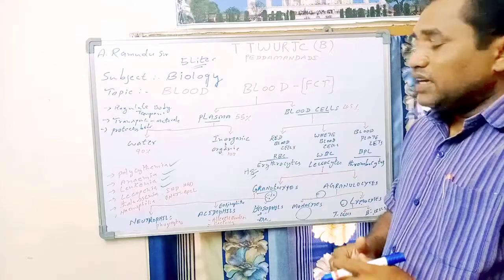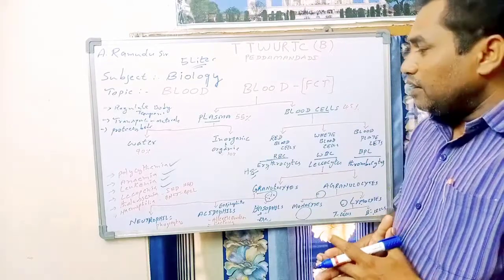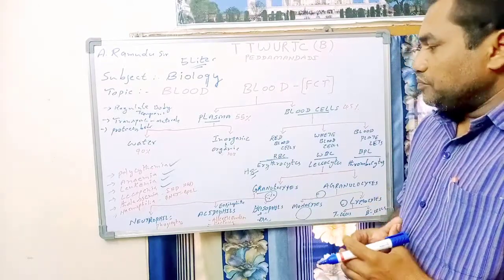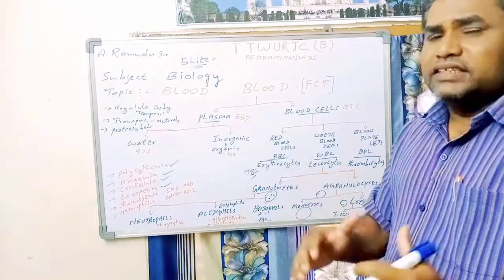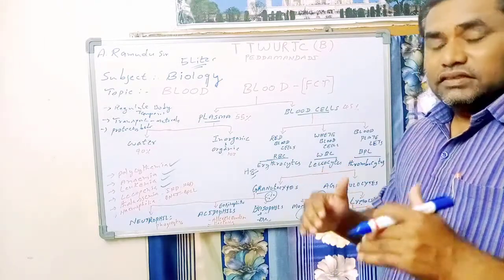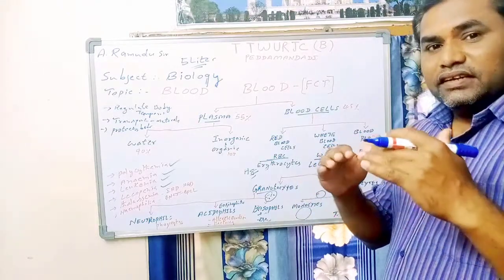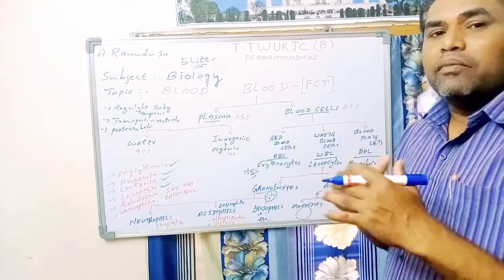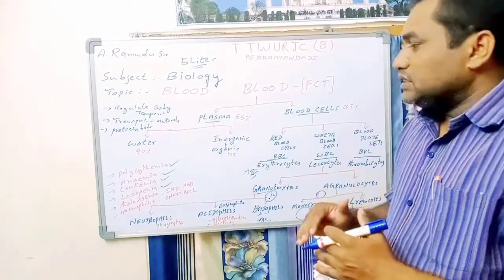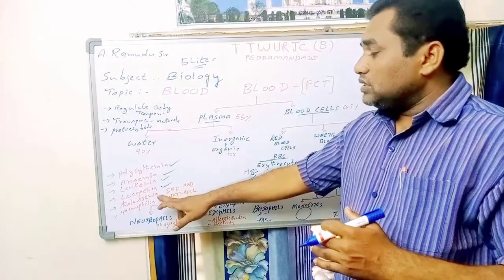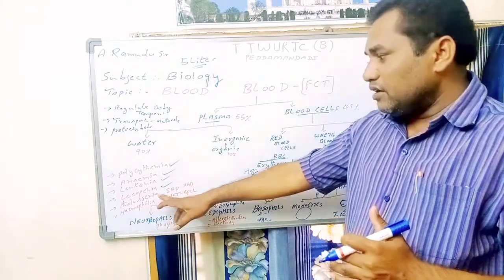Some other disorders regarding the blood: if hemoglobin is present in less than the required amount, it causes a disease called thalassemia.